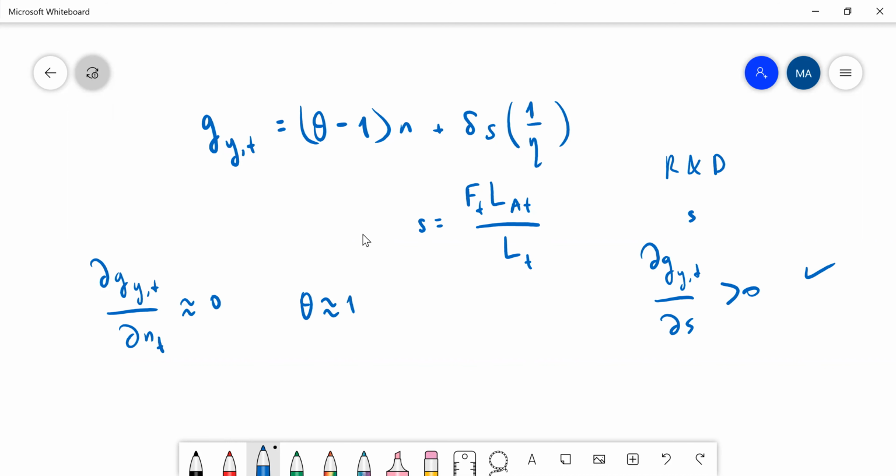The elasticity of substitution is 1/(1 minus theta), and if theta is close to 1, what happens? That increases until infinity. So if you impose this model on the data, it suggests the elasticity of substitution is rather large.